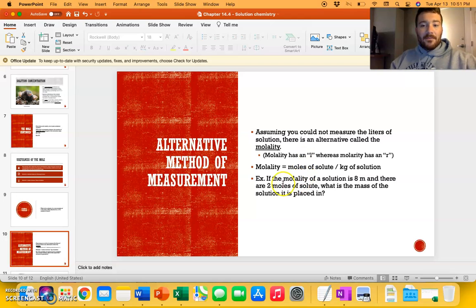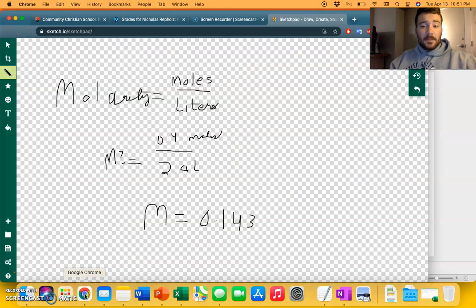So if the molality of a solution is 8 molal, and there are 2 moles of solute, what is the mass of solution? Well, molality equals moles of solute over kilograms of solution. Let me write that in abbreviated form.